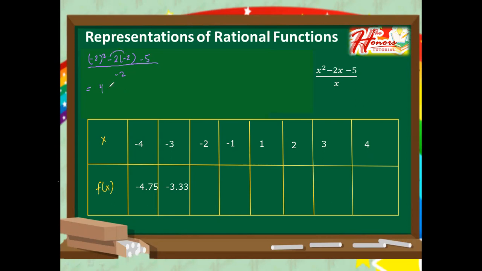Negative 2 times negative 2 is positive 4. So plus 4 minus 5 over negative 2. Then let's continue solving. 4 plus 4, that's 8. Minus 5 over negative 2. 8 minus 5, that's positive 3 over negative 2. So again, let's convert it into a decimal, so therefore we will not encounter difficulty in plotting it. So that is negative 1.5. We will write it here.